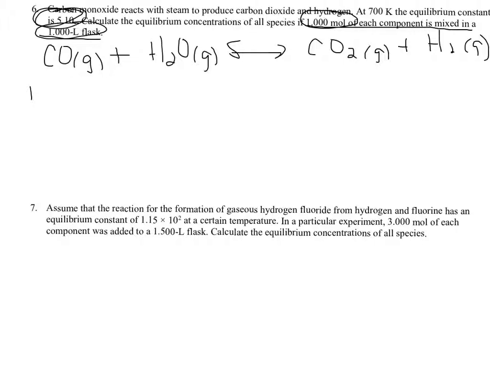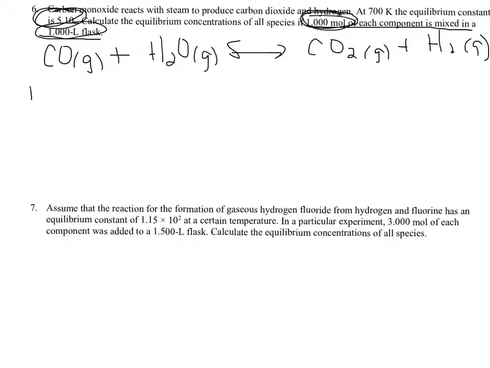So again, we want to work in terms of the concentration version of the equilibrium constant. In terms of molarity, since we're dealing with a 1 liter flask, I'm going to refer to the mole amounts as molarity since it's all per 1 liter.